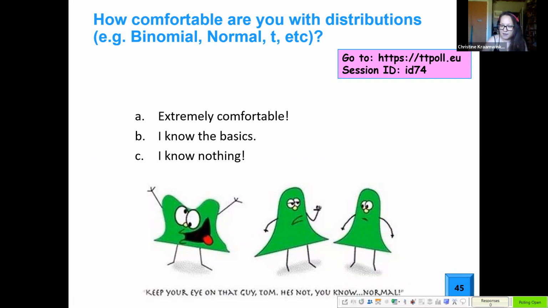I'm going to start the timer. I'm just going to pause it for a moment though. I do want a bit more participation on this one. So go to ttpoll.eu and choose ID 74, and then you can just indicate there which option you are choosing. You have 2 responses so far.